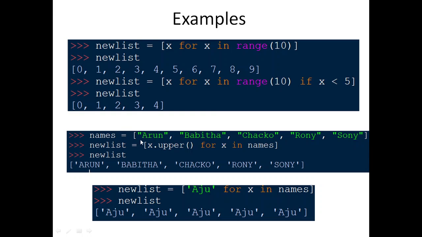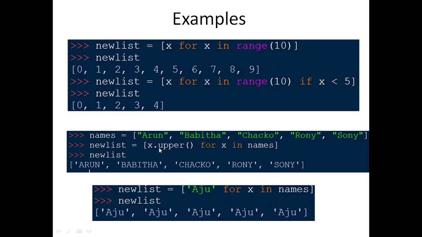Then this is another example. We are given some names. Now I have already mentioned that this x part may be an expression also. In all the previous cases, it was simply a variable. Now in this case, it is an expression: x.upper() for x in names. The upper method we have already seen.